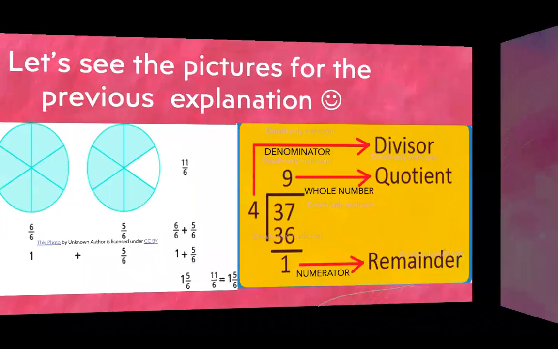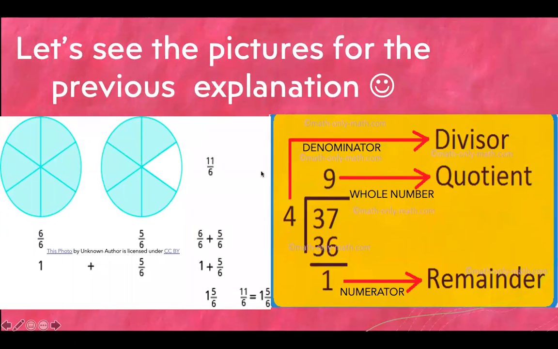Now let's move on to how to divide the fraction, which I was talking about. So we have 37 divided by 4, so basically that means the fraction was 37/4. So I've divided it: 37 divided by 4. 4 nines are 36, which makes 1 the remainder.